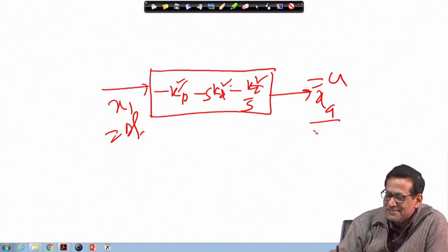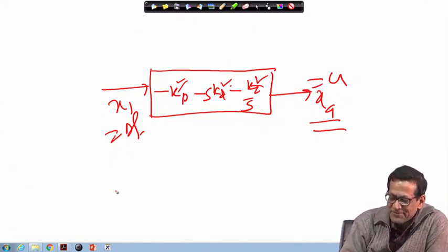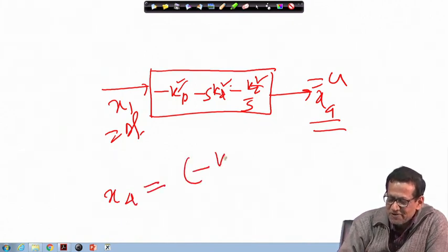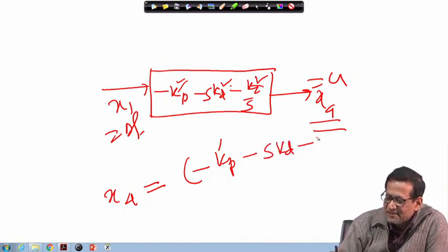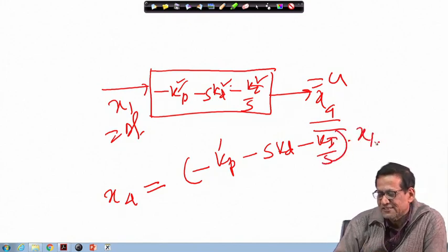If this is X4 and this is X1, then X4 will be equal to, I am just showing how we will write down the equation, Kp dash, minus S Kd, and minus Ki upon S, into X1, that is X4.